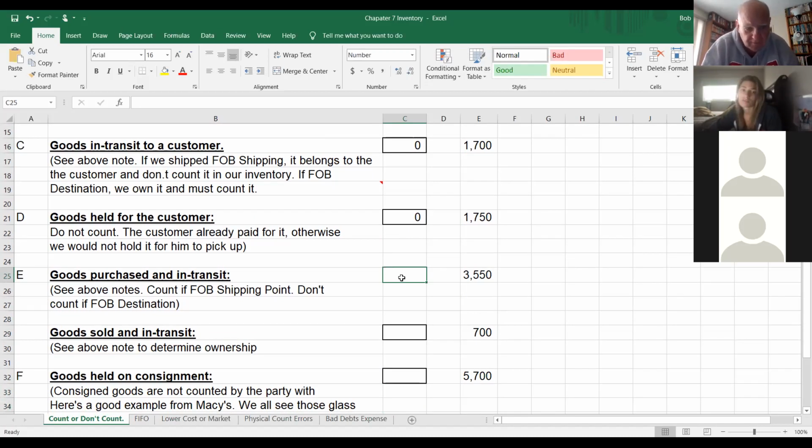A little tricky. Well, it says don't count if FOB destination. We purchased this stuff. Oh, yeah, I made a lousy note there. Do you want to count it or you don't want to count it? Don't? Good.